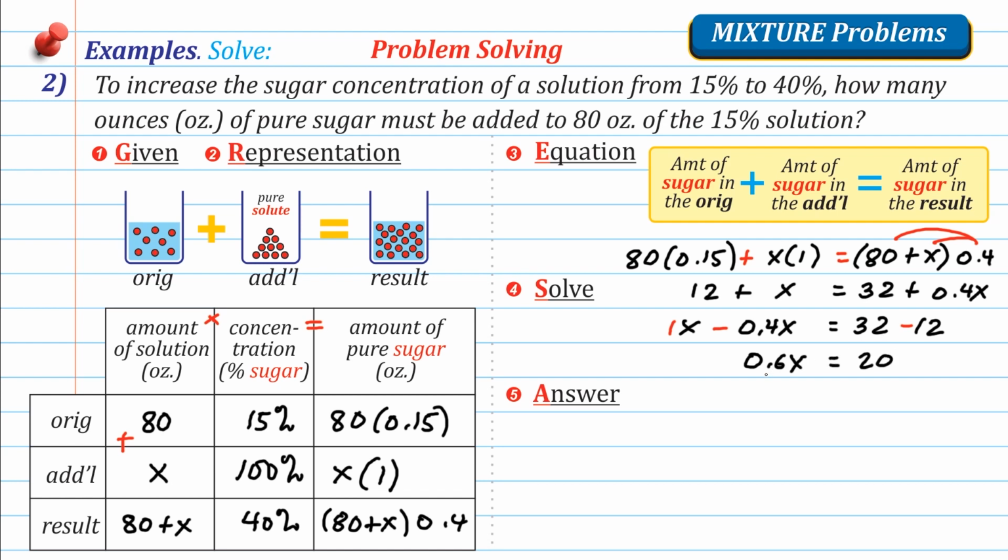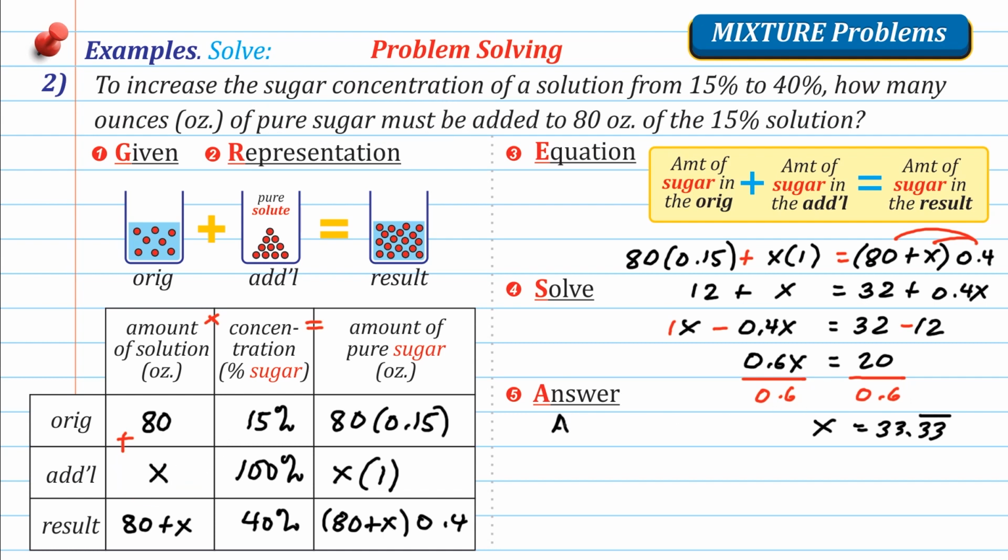We don't want 0.6 there, so divide this by 0.6. You divide this by 0.6. X then is equal to 33.33. That's non-terminating. Okay, now, what are we looking for? We're looking for the amount of pure sugar that must be added, which is represented by x, which is this one.